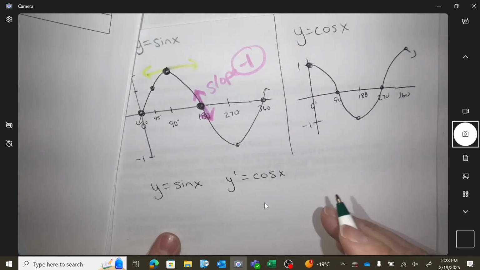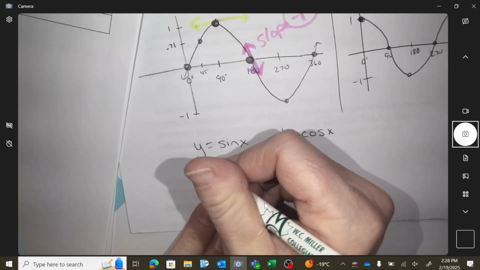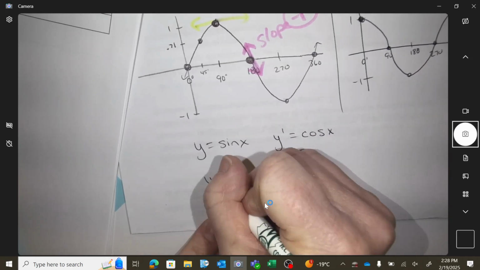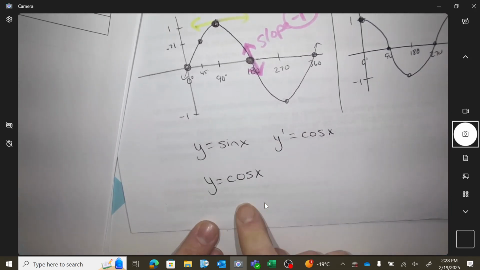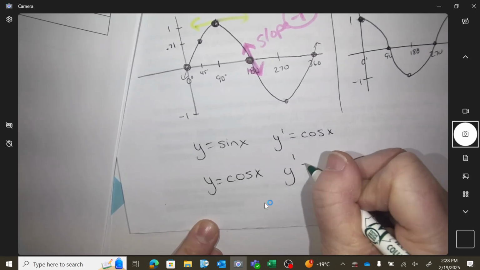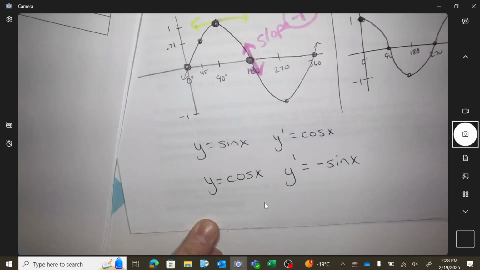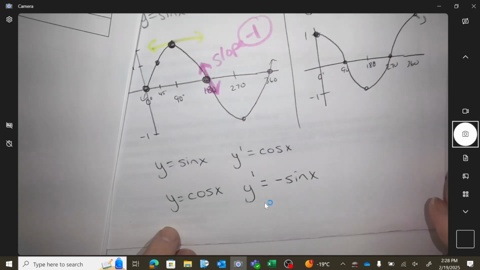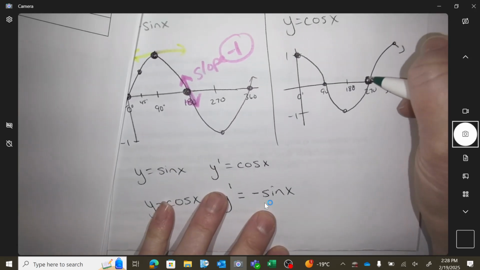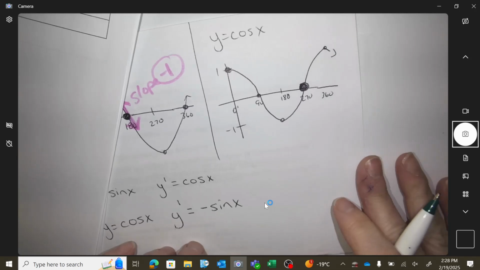Okay, now here's the other way around. If you are a cos function, the slope is negative sine value. Okay, so for instance, I'll go to 270 here.